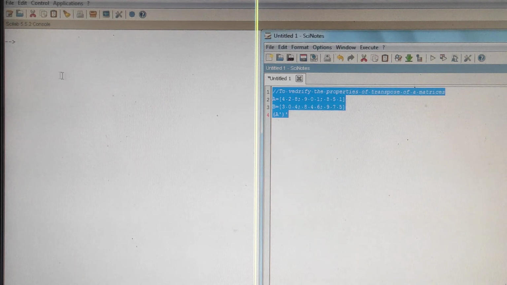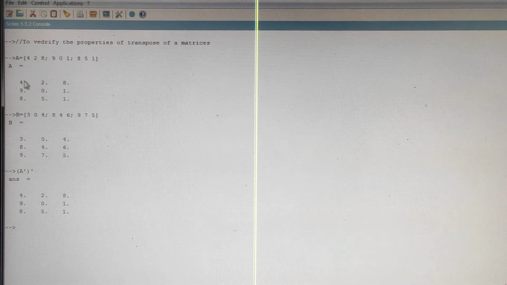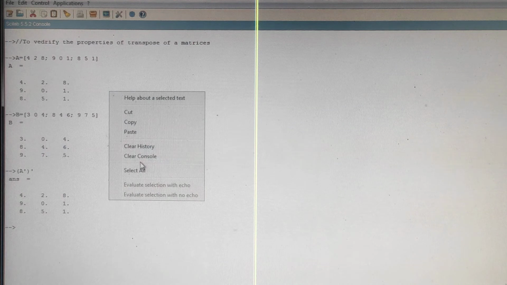I am copying this one and right clicking, clear console, and simply paste it here and then enter. See here, your A is 4, 2, 8, here A transpose of transpose is 4, 2, 8, then 9, 0, 1, here also 9, 0, 1, here 8, 5, 1, here also 8, 5, 1. That means transpose of transpose of A is equal to A. Your first property is verified.